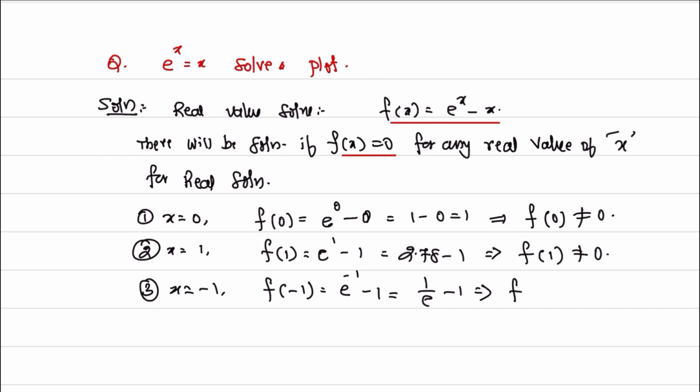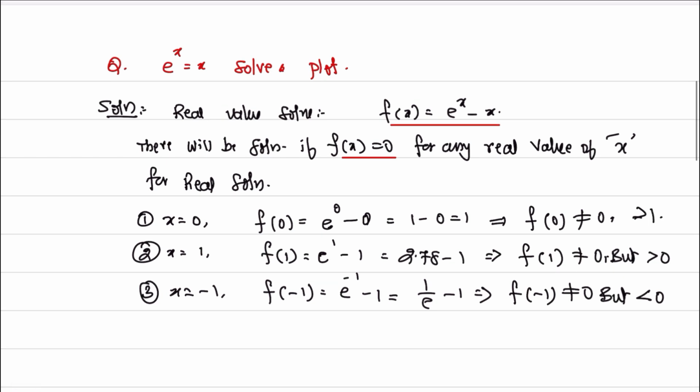Function minus 1 is not equal to 0 but less than 0. Here function 1 is not equal to 0 but greater than 0. Here function 0 is not equal to 0 but greater than 0, we can say.